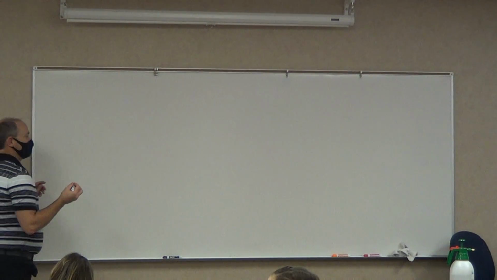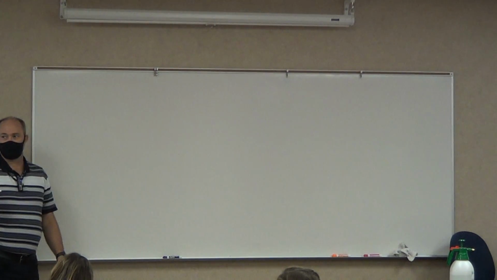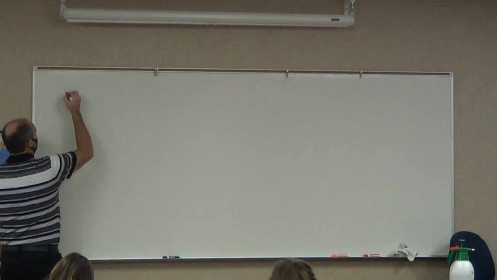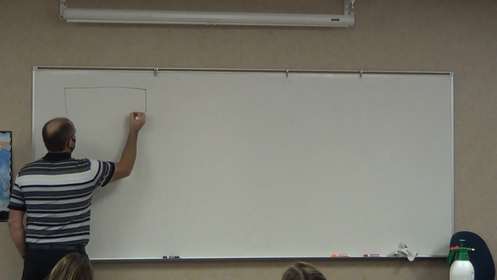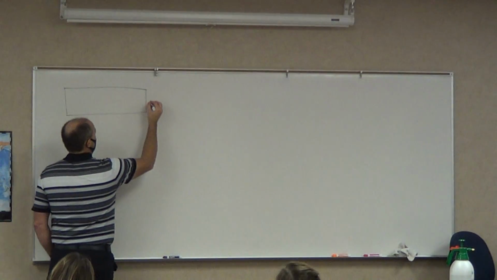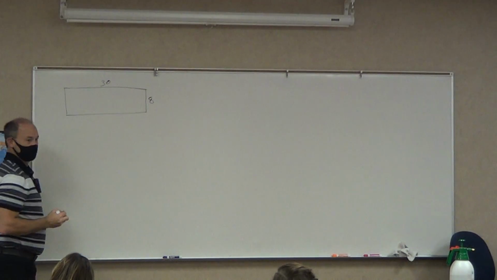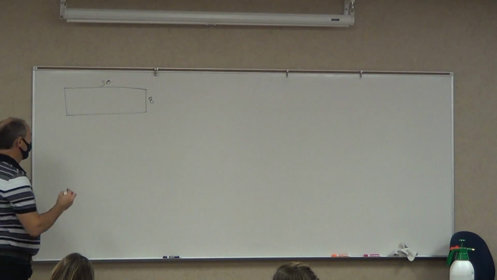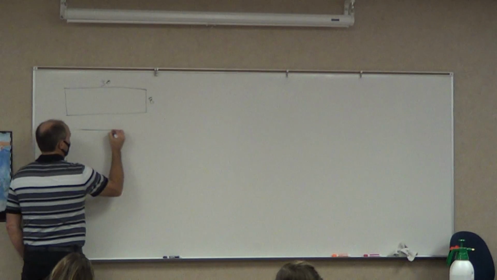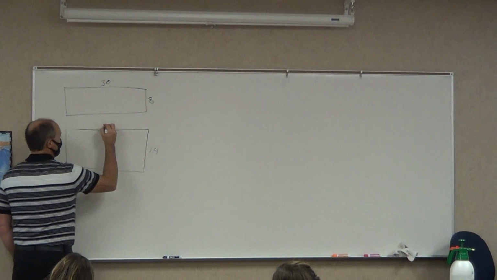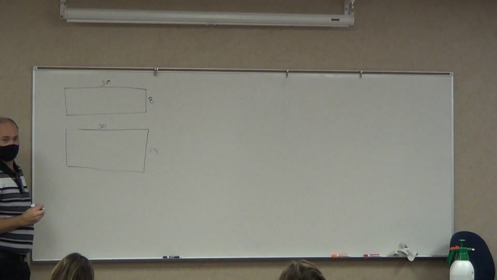So you should, on your graph paper, have 3 rectangles. One is going to be 8 squares tall and 30 squares long. You'll have a second one that is 14 squares tall and 30 squares long.